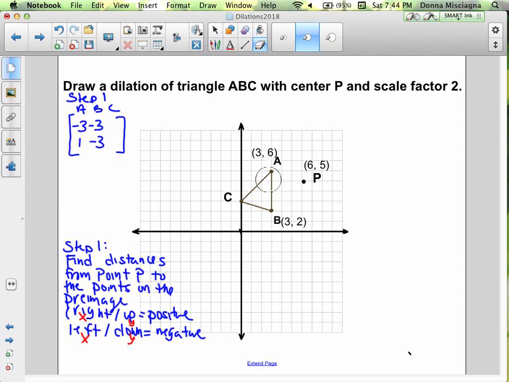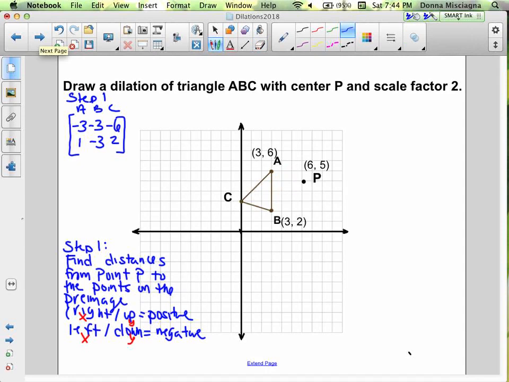And then let's do the same thing for C. Now 1, 2, 3, 4, 5, 6 to the left, and 1, 2 down. So that's going to be -6, +2. Those are going to represent our coordinates, because those are the distances from our point of dilation. If we don't convert them, then we're just going to have a mess.